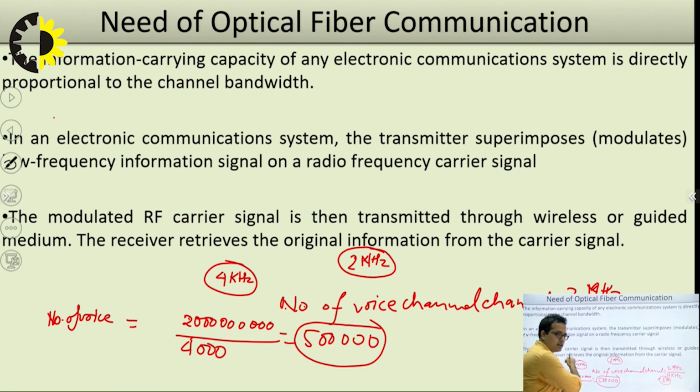Now after microwave signals, we have shifted to terahertz. As the bandwidth increases to terahertz, definitely the number of voice signals that can be transmitted through this link will also increase tremendously. So that is the basis for the need of optical communication, because in optical communication the bandwidth has increased. If you increase the bandwidth, the number of voice channels transmitted simultaneously is going to increase.